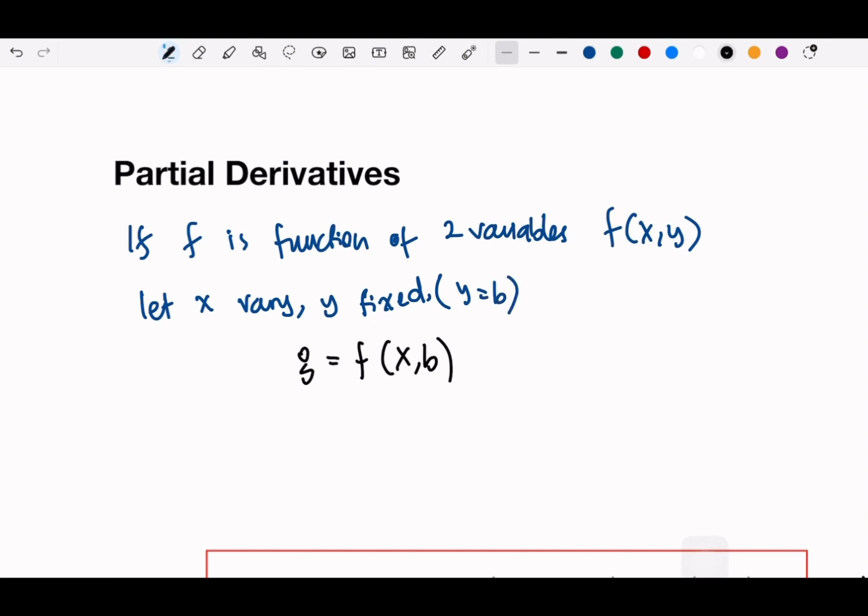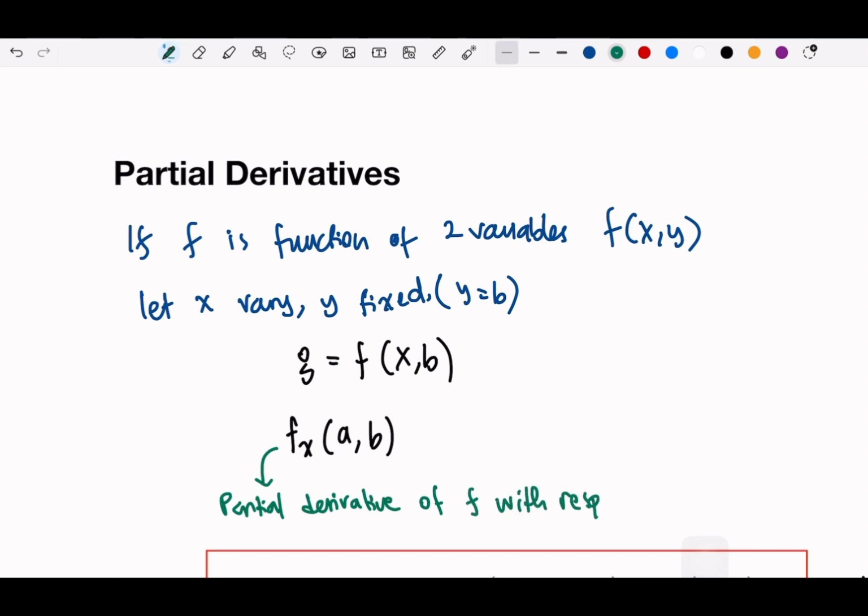Then f_x(a, b), where f_x means the partial derivative of f with respect to x at (a, b), will equal g prime of a.